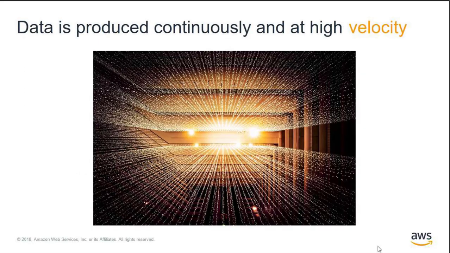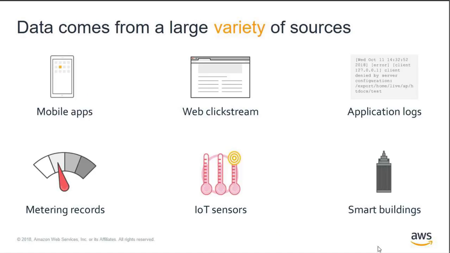This data is produced at a high volume continuously and at a high velocity, meaning that it increasingly is created very, very quickly, as well as just in a large amount of events, a large amount of variety. And that variety comes from a large number of data sources.